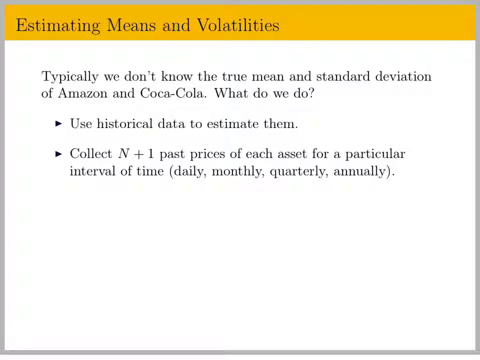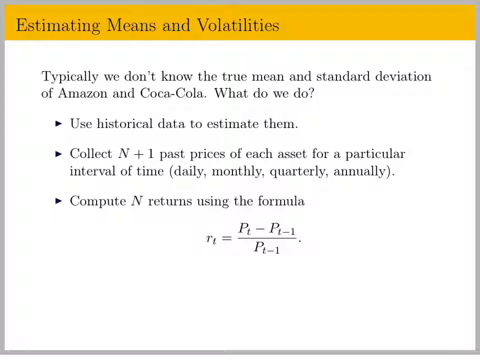Well, depending on what time interval you're interested in, you will collect prices over that time interval to compute those returns. So in the next slide, we're going to compute an example with monthly prices. If we want to estimate the mean and the standard deviation with 12 returns over the past year, then we will collect 13 prices.